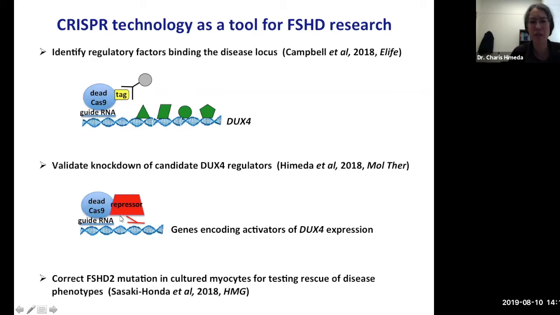We've also used CRISPR inhibition to validate knockdown of candidate DUX4 regulators. So in this case, we were not targeting DUX4, but rather genes encoding activators of DUX4 expression. And it's also been used to correct the FSHD2 mutation in muscle cells in culture for testing the rescue of disease phenotypes. So in addition to its therapeutic potential, CRISPR is also helping us to better understand the disease that we study.